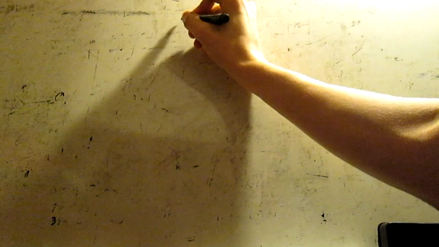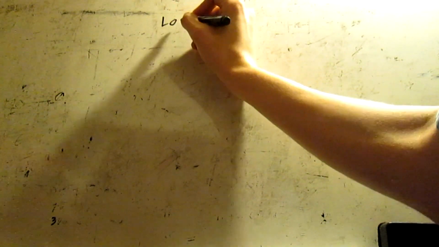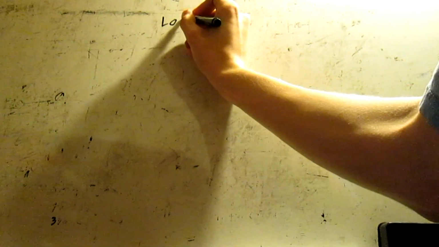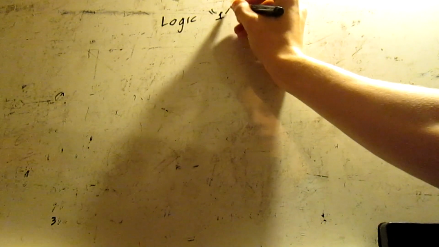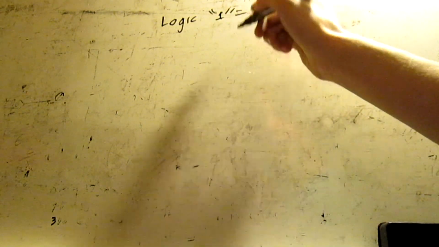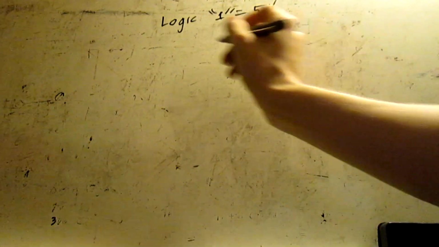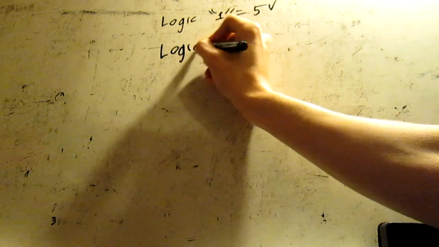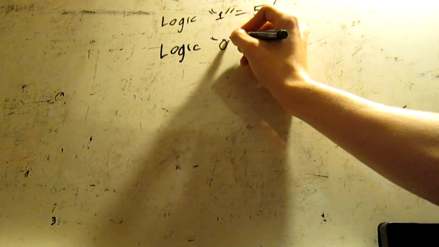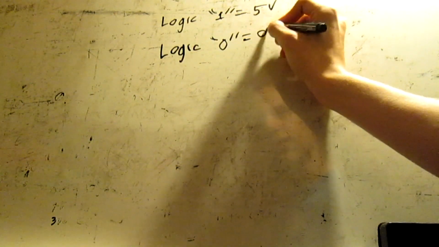Moving on to electronics. How do we wire this? Well, a logic 1 equals, it's a little bit more complex, but that's what you need to know. Logic 1 equals 5 volts. Logic 0 equals 0 volts.